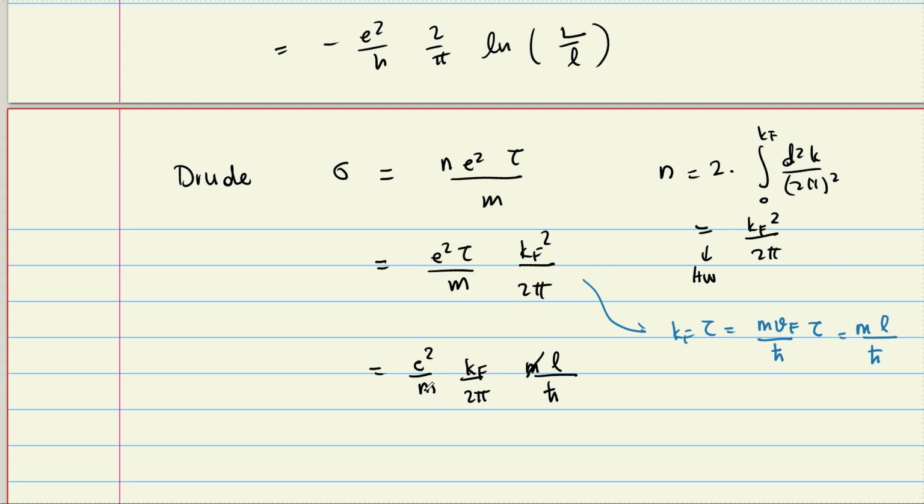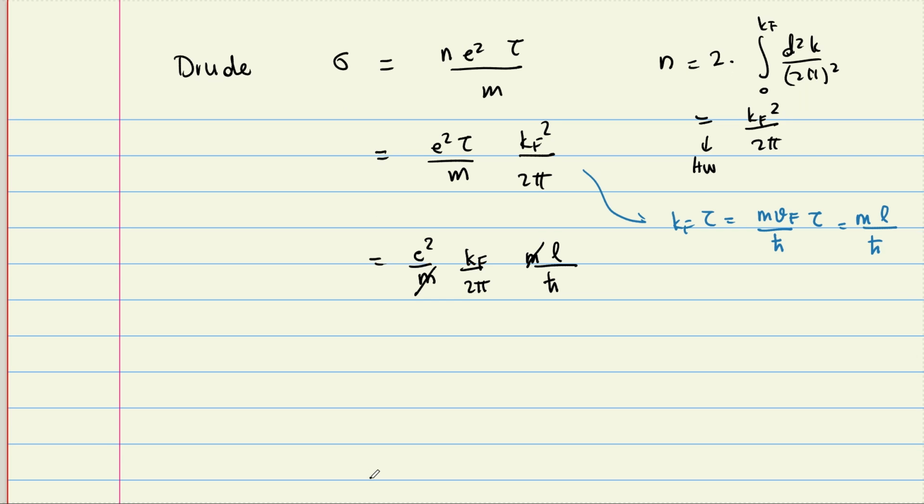So the m's cancel, and this 2 pi is going to cancel the bar of h, and this is going to be e squared over h times k Fermi times L, right? So we obtain exactly what we want, e squared over h times k Fermi times L, and this is the correct dimension in 2D, so this is 2D.